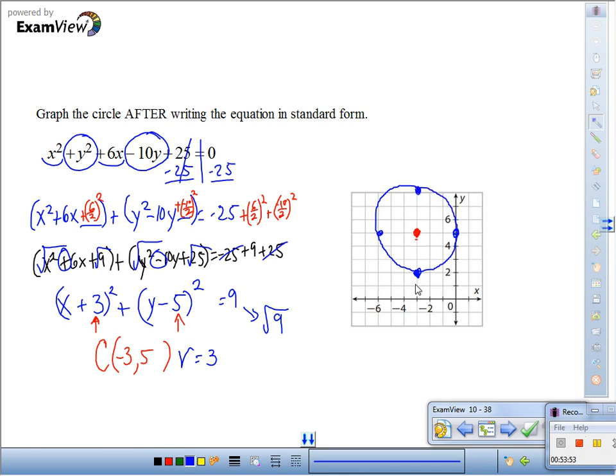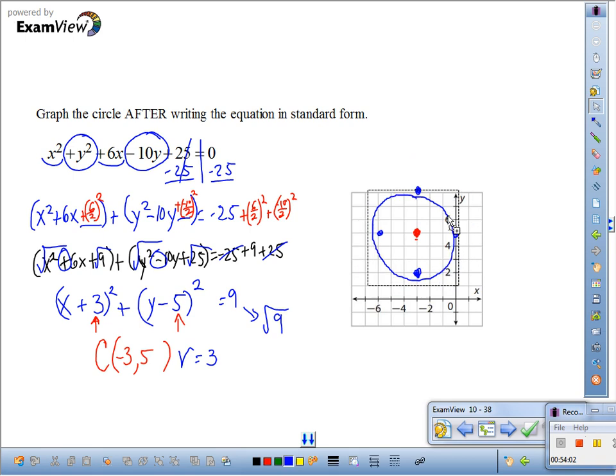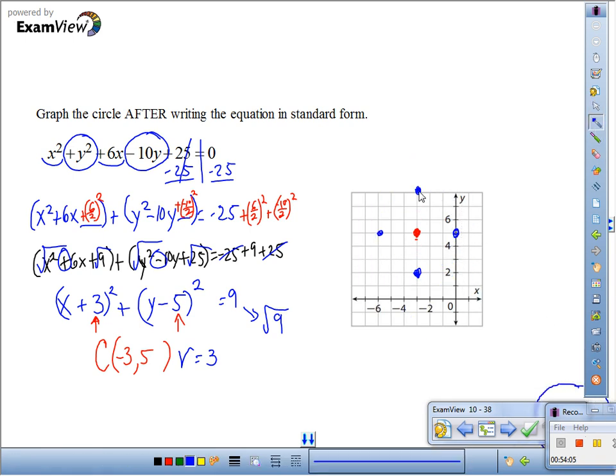It's kind of weird, huh? Let me redo it again. There it is. A lot better, yeah? All right.